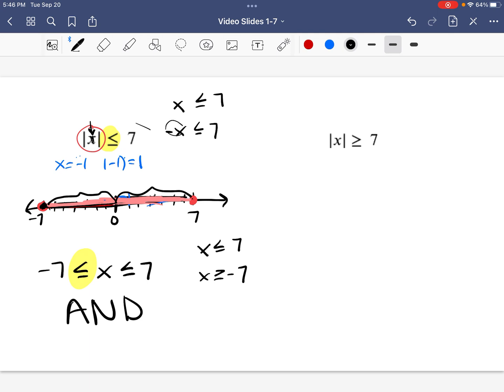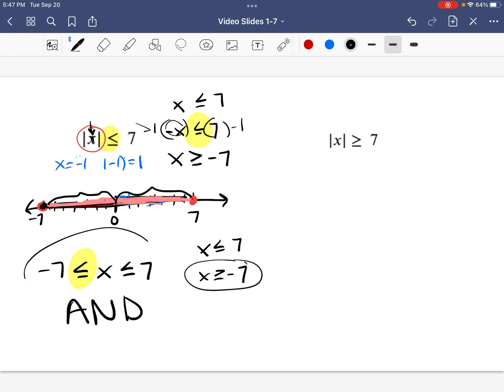Then I would solve for x by multiplying by -1. And remember, whenever we multiply or divide by a negative, we have to flip our sign. So I end up with x greater than or equal to -7. That's why I flipped the sign on that one.